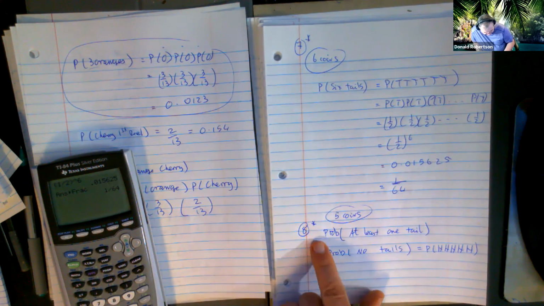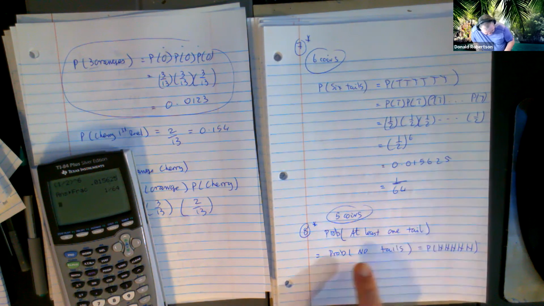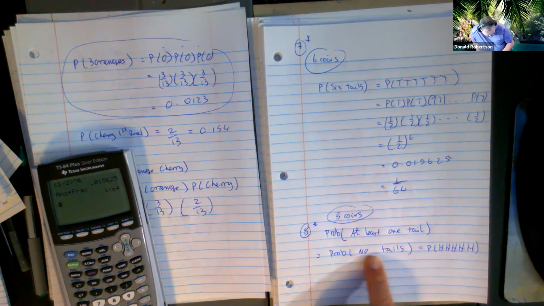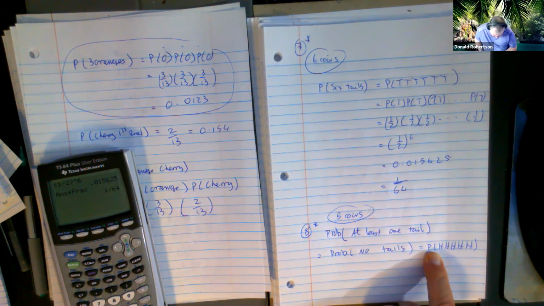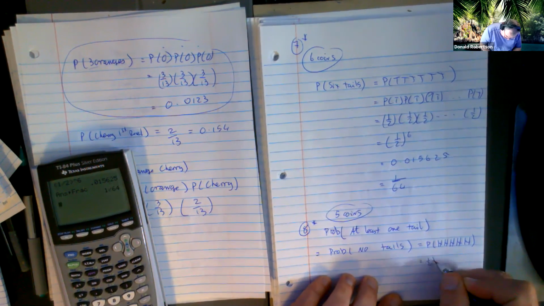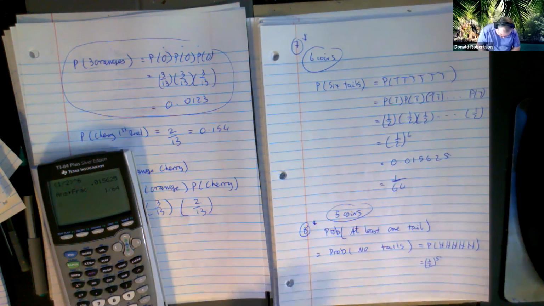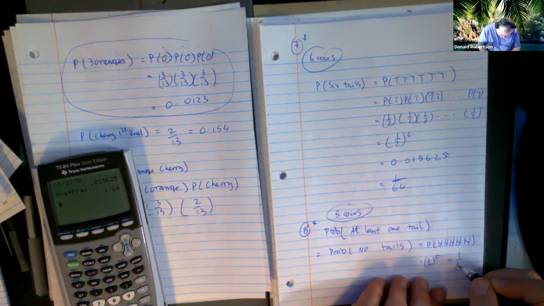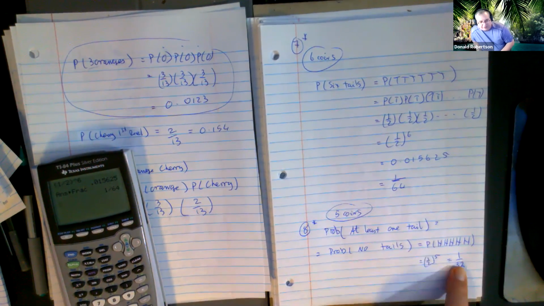Right, so I'm looking for the probability of at least 1 tail. Too hard to do. So I'm going to find its complement, the opposite of it, which is no tails. And no tails, when you do 5 coins, ends up being all heads. Won't that be a half to the power of 5? A half times a half times a half. And that ends up being 1 out of 32. Of course, that's not the answer, but that's going to get me the answer.